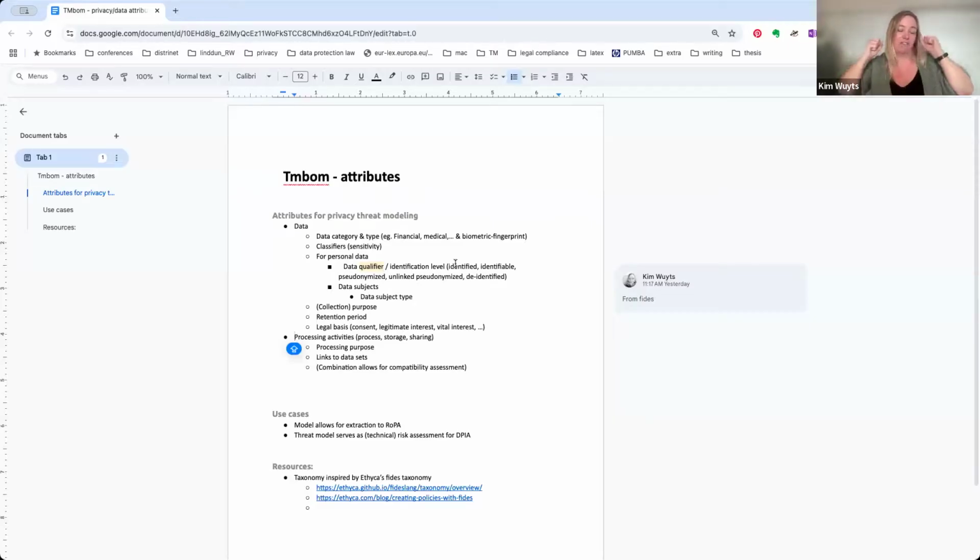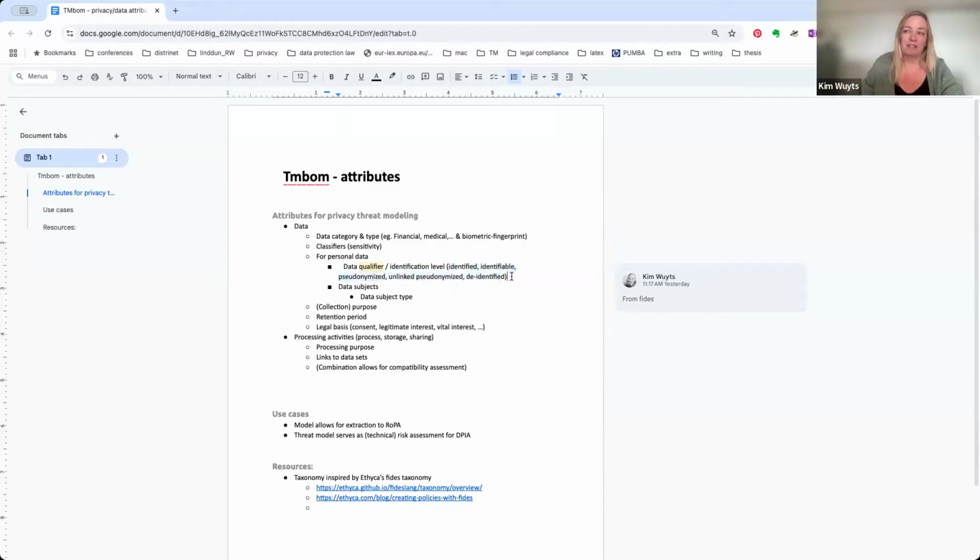So you can just have, this is medical data, or you can have, this is de-identified medical data, or this is pseudonymized medical data, or this is something in between. I'm not entirely sure on these specific attributes yet. But so this is the stuff I copied from what I found on the FIDES or Ethica website.